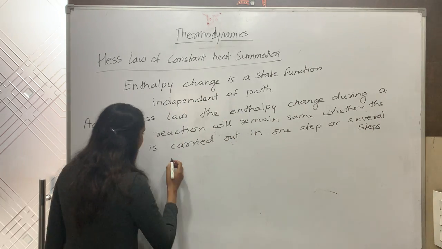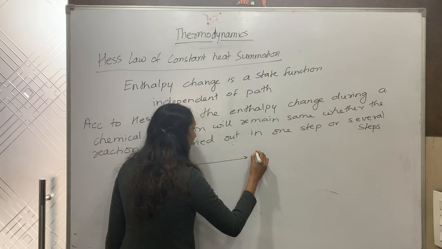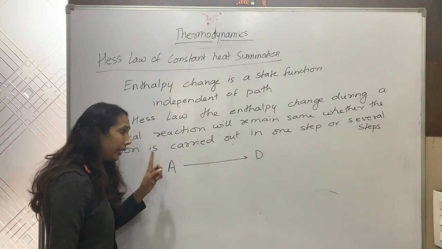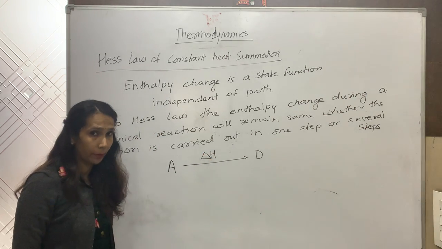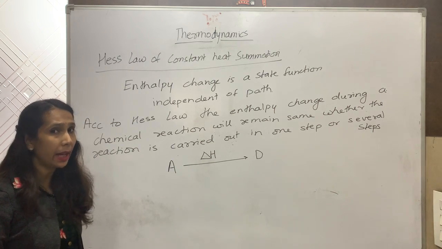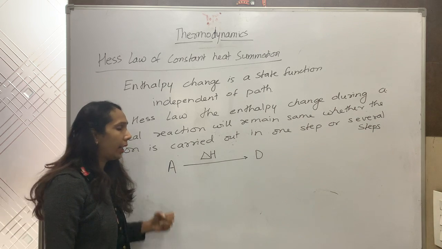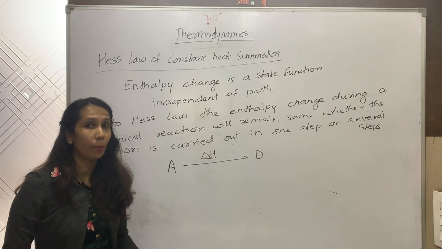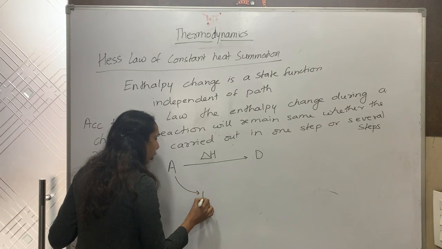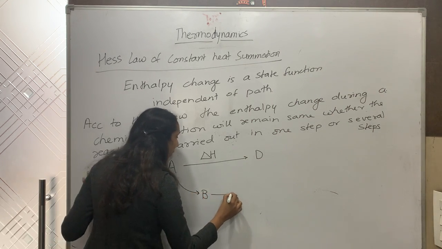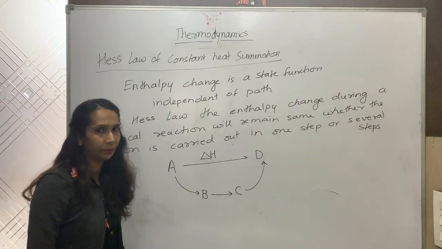Let us just consider A is a reactant and I am converting it into the product D. The enthalpy change during this reaction is represented by delta H. Now suppose I carry out this reaction in more than one step. Suppose I first convert A into B, then I convert B into C, and then I convert C into D.